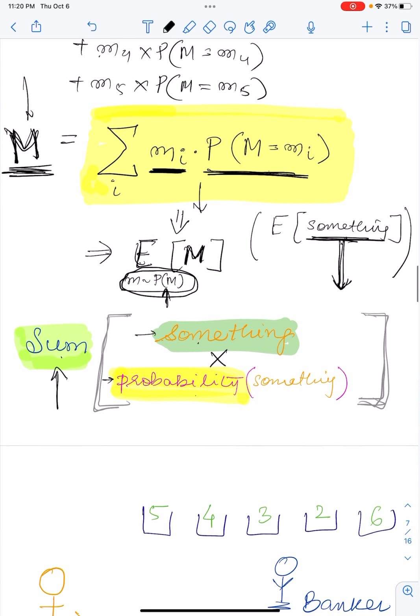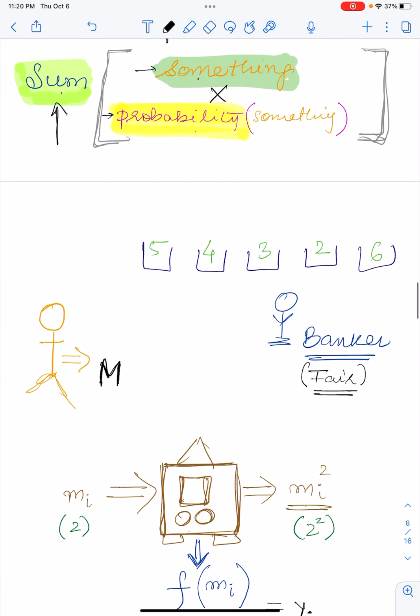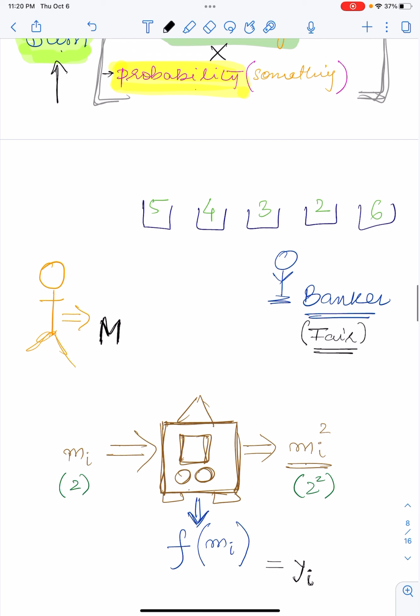Now if we change some settings again and change the game, whatever value was being assigned by the banker, let's say that was mi, this person actually went to a machine, and this machine just squared that value.